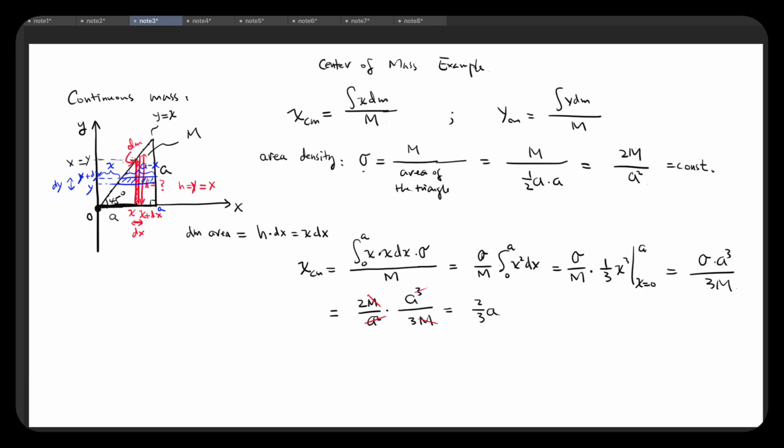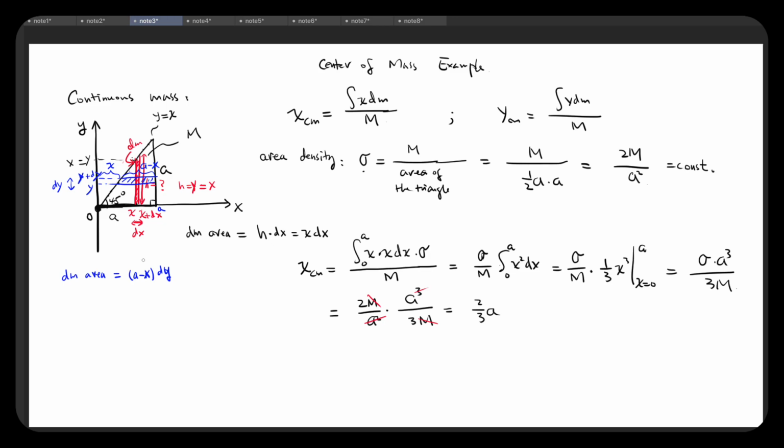Okay, all right, so now let's see the blue area, the dm area, equals a minus x times dy.